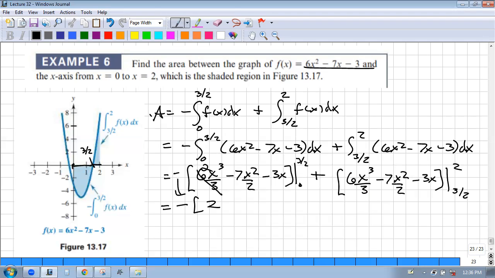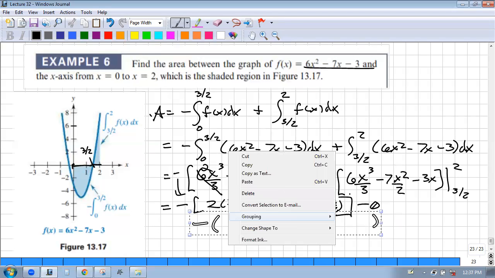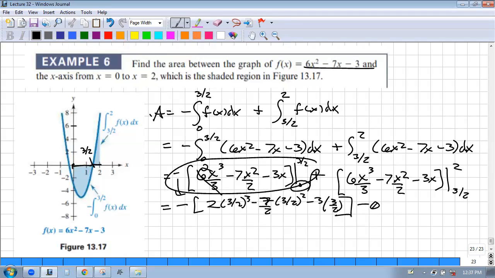So I have 2 times 3/2 cubed minus 7 halves times 3/2 squared minus 3 times 3/2. And then I have to subtract and plug in 0, right? Well, 0, 0, 0, that's all 0, so minus 0. So that's this one.